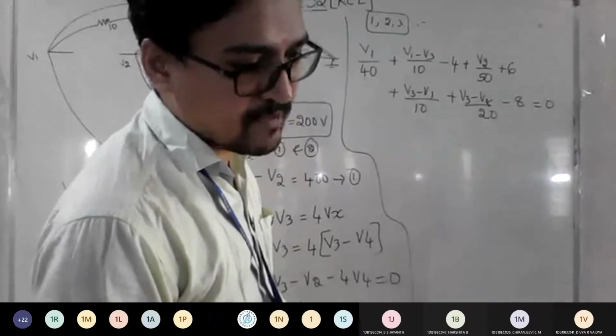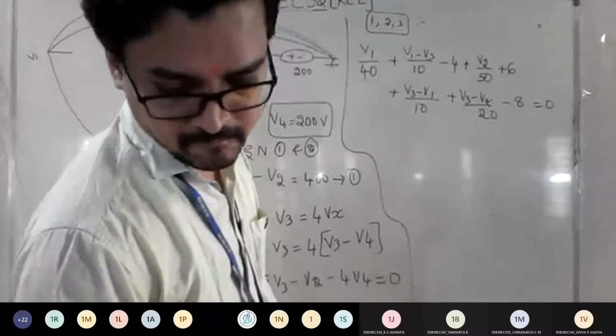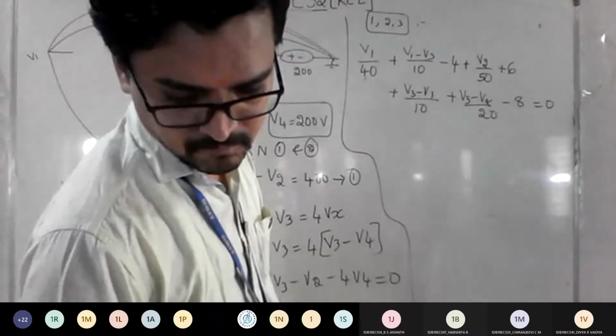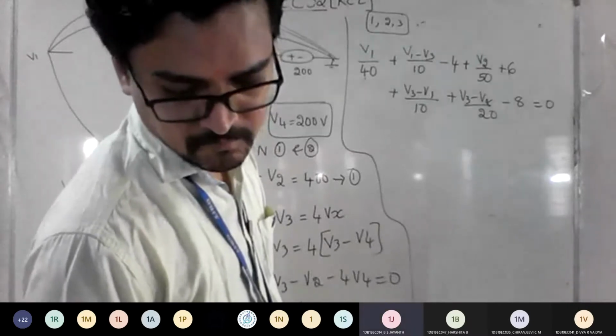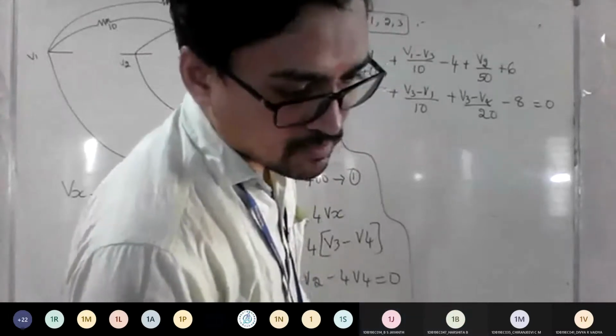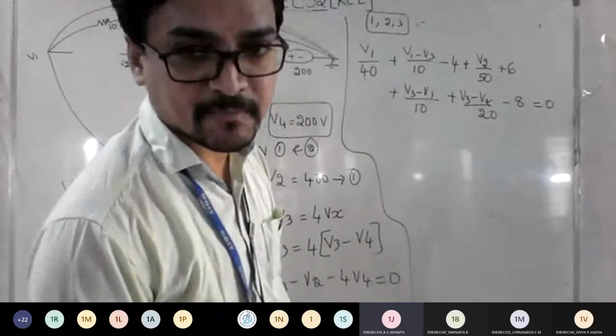What's the expression you got simplified? Minus 6, sir. Minus 8, sir. Repeat here, in terms of V1, V2, V3 equation.